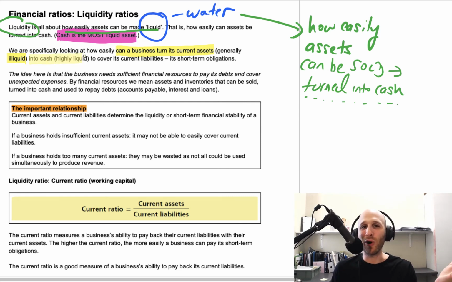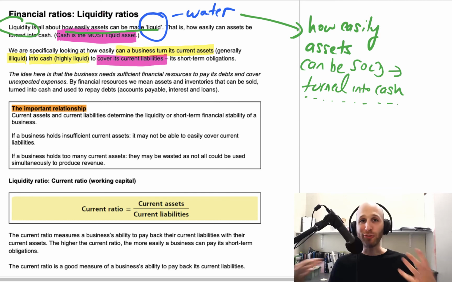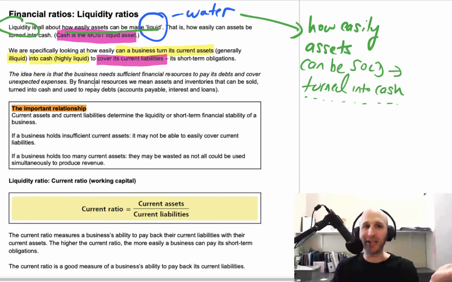And the reason why this is important is that we're thinking about how easy it is for a business to sell its current assets to cover its short-term obligations, its current liabilities. So if we are thinking about it in terms of big picture stuff, what we are saying is that the business needs sufficient financial resources to pay its debts and cover unexpected expenses.